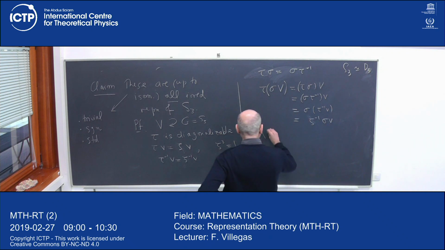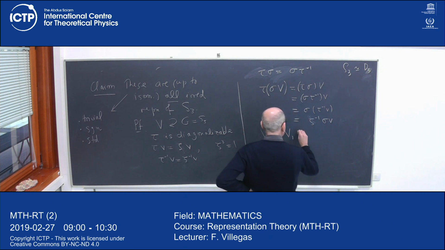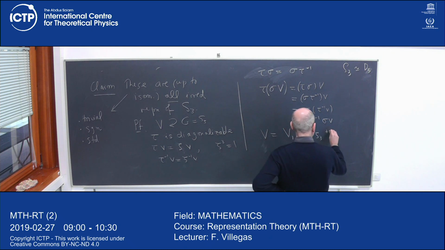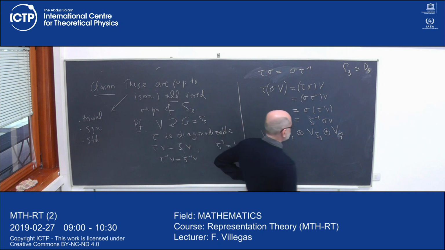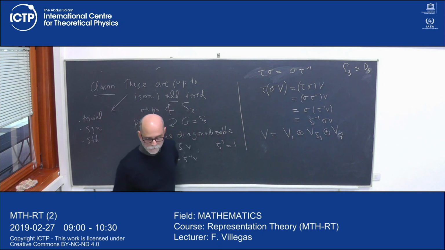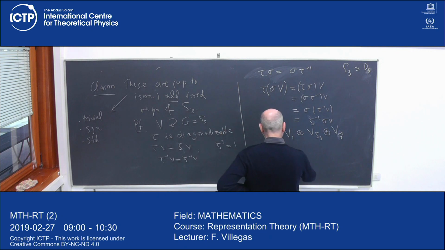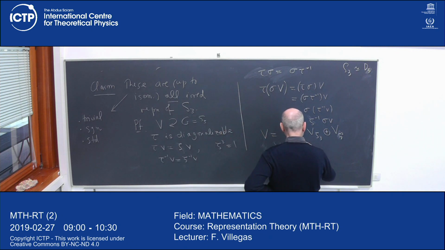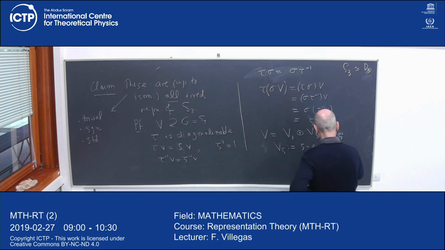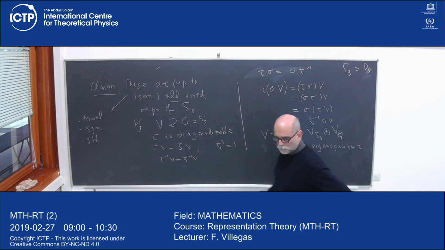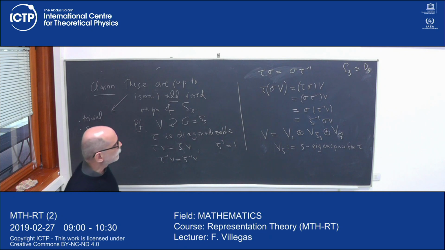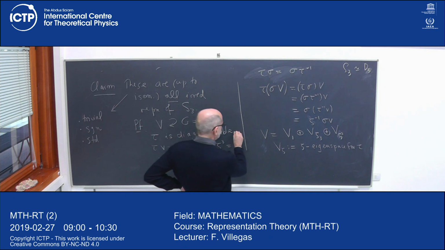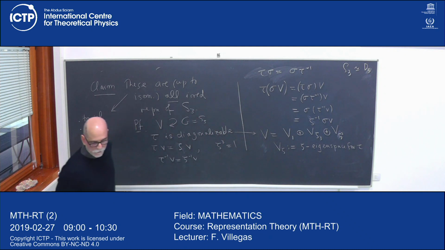So V is a direct sum of three eigenspaces. These are V zeta, defined to be the zeta eigenspace for tau, which could be 0. Tau is diagonalizable, so it breaks up the space into its eigenspaces.